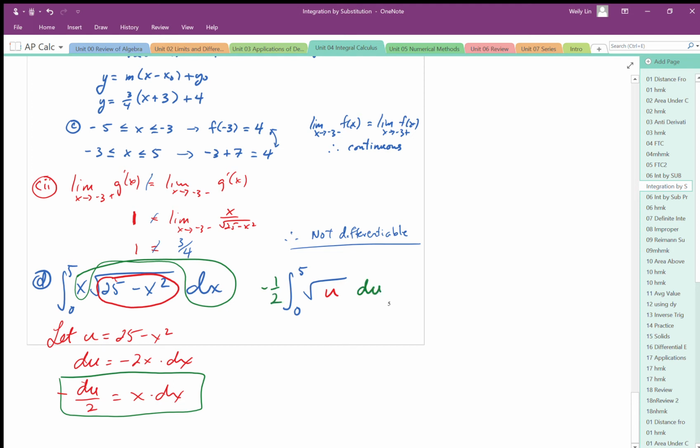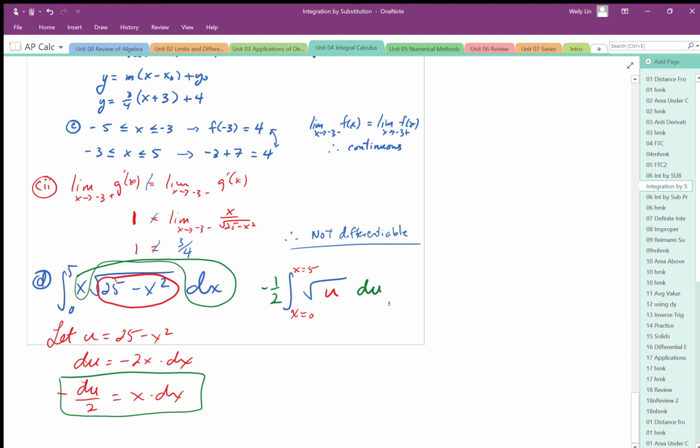There's my integral, and I'm going to evaluate this. Oop, I need to change this. I have to be careful when I change the variable, because I have to make sure that the bounds are for x and not for u. Okay, so there we go. x equals 0 to 5.